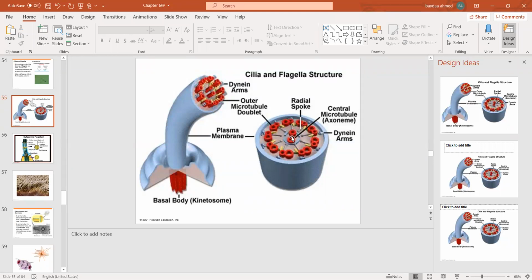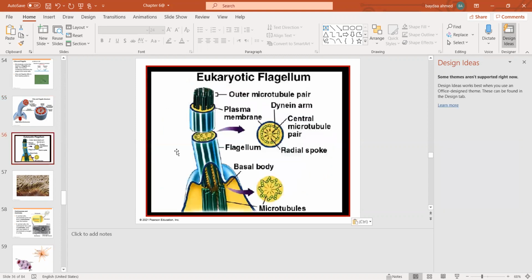This arrangement is referred to as the 9 plus 2 pattern. The microtubule assembly of a cilium or flagellum is anchored to the cell body by the basal body.